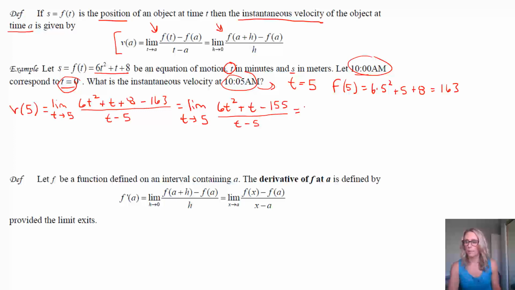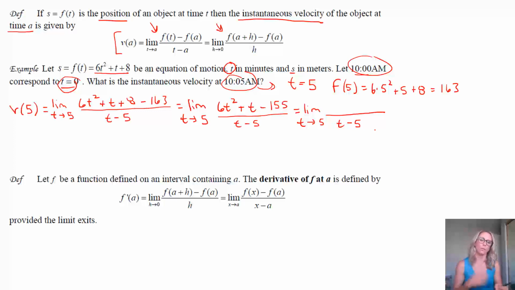Now, you probably have not done this recently, but it does factor. It's just a more difficult trinomial in the numerator. And what I want you to see is that if you were to plug in 5, you will get 0 in the numerator and 0 in the denominator.